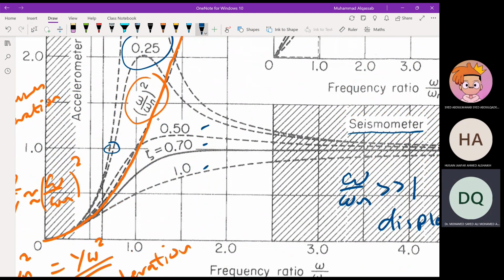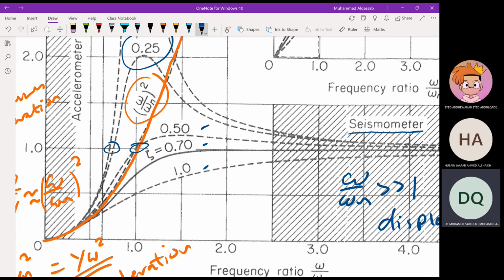So here the error is 0 for zeta equal to 0.25 or zeta equal to 0.5. At this particular point, the error is 0 because Z over Y is exactly equal to 1. And this happens only at a certain frequency.